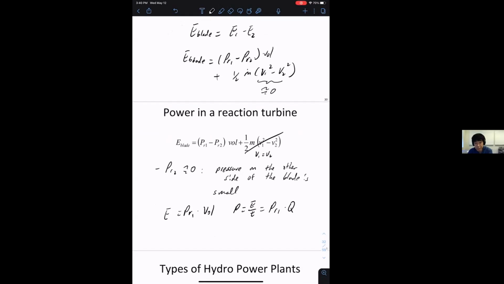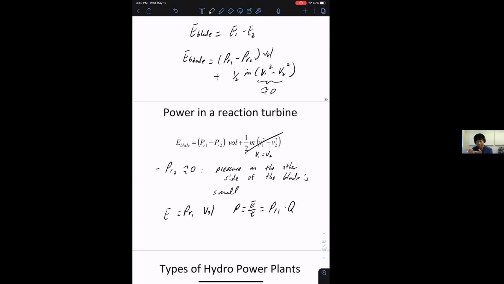But we won't be able to get any more explicit than this. The best we can get is some pressure times the flow rate. The difficult thing here is that flow rate is something we can measure, but pressure is harder to get a handle on, what exactly the pressure at the surface of the blade is. That we typically don't know.